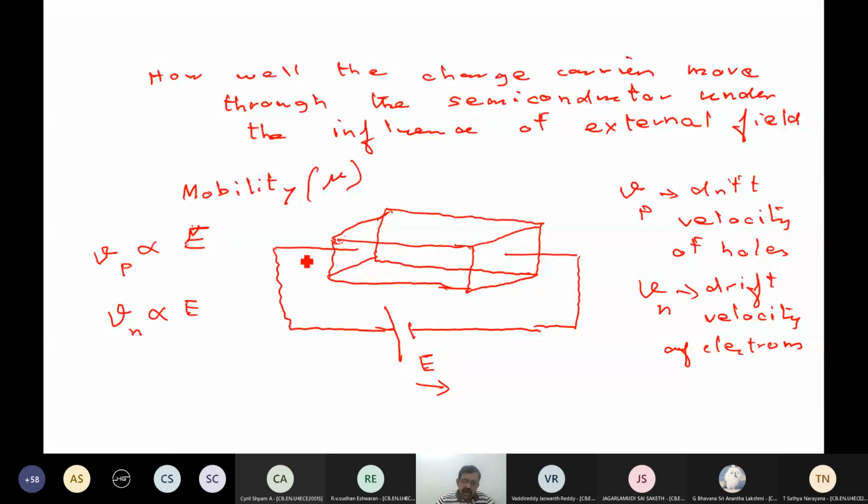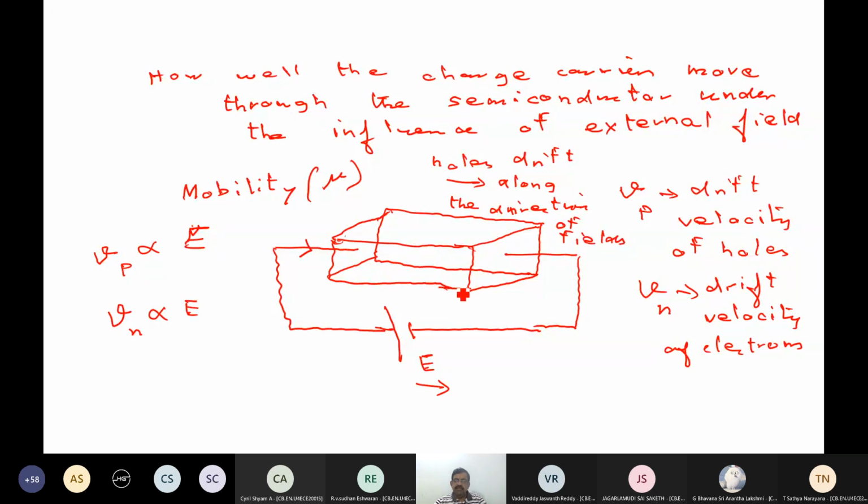So if you look at this field E and holes being positively charged, definitely the movement of holes will be along the direction of the field. So holes drift along the direction of field. So obviously the current will be in this direction.